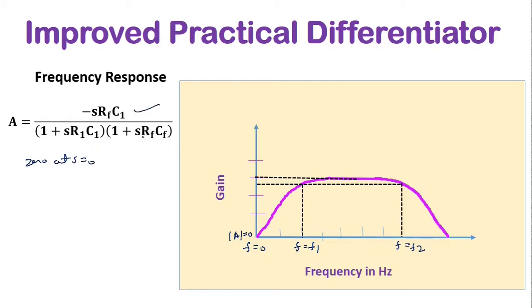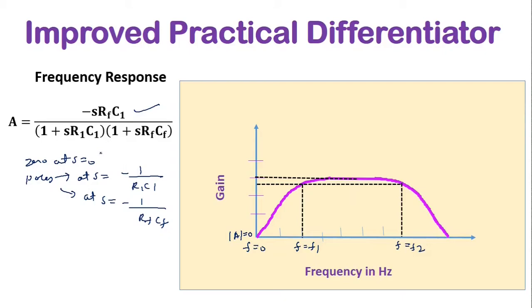The denominator of this transfer function gives the poles of the transfer function. So this equation consists of two poles. One pole is at S is equal to minus of 1 upon R1 C1, and another pole at S is equal to minus of 1 upon RF into CF.